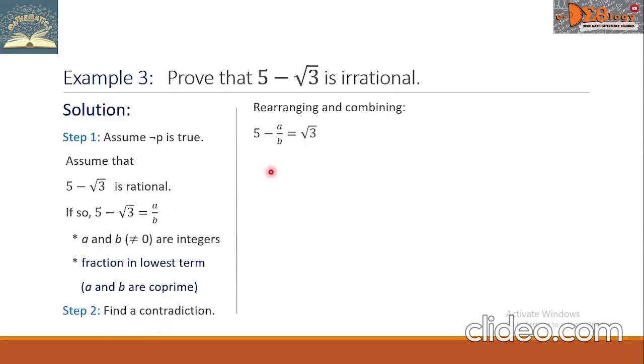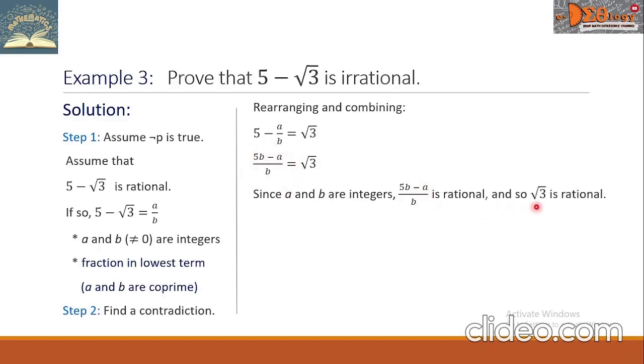Rearranging this equation, we have now 5 minus a over b equals the square root of 3. Now, for the left side value, we're going to combine as a single fraction, and it becomes 5b minus a over b. Since a and b are integers, the fraction 5b minus a over b, that is the left side value, is rational.